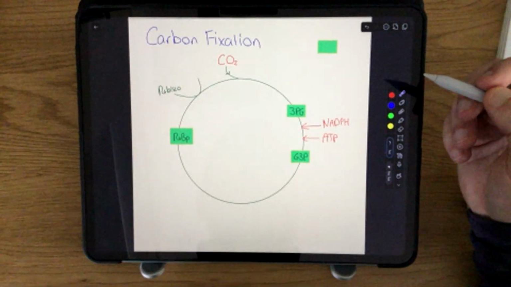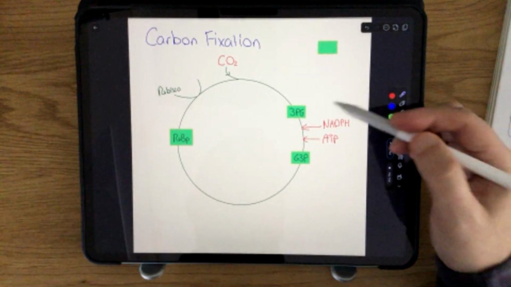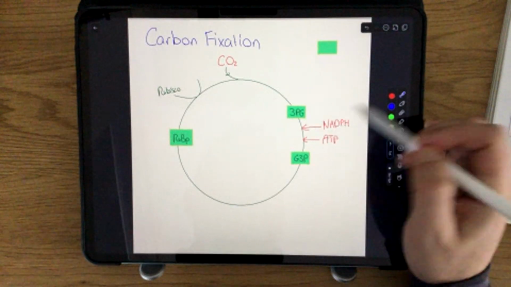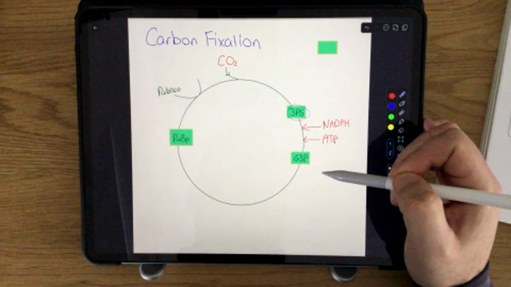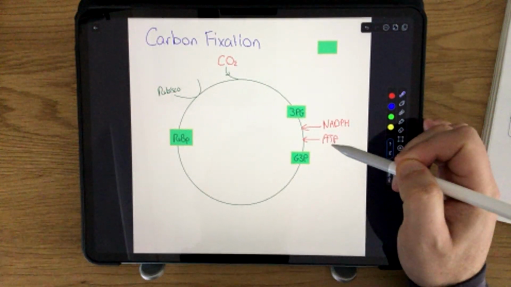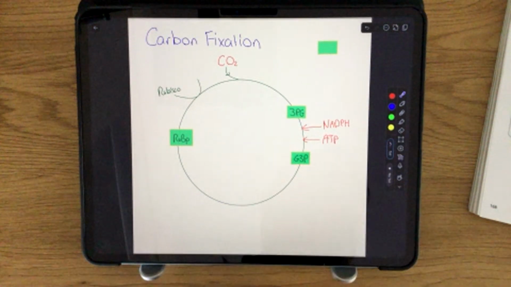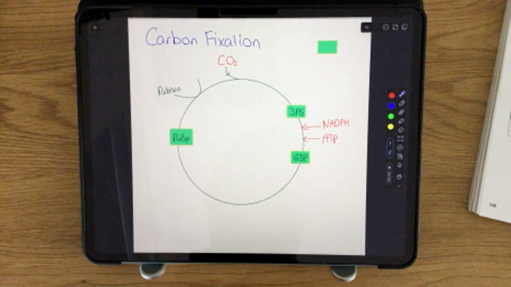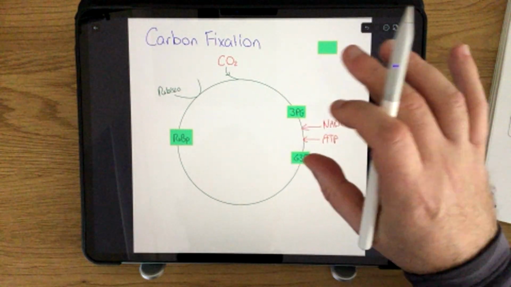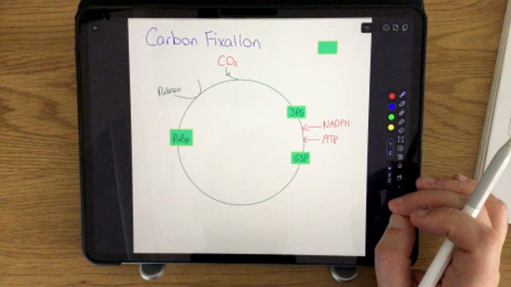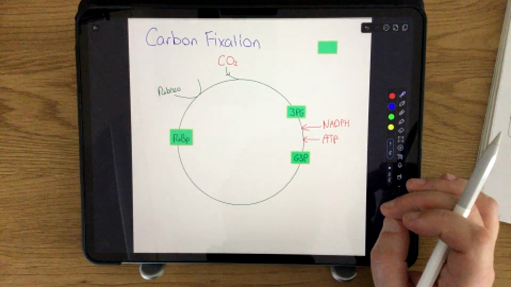So essentially what we're doing here is we're adding hydrogen, and ATP energy, both from photolysis, to 3PG, and we are creating G3P. Right, so the good news is that's the difficult names dealt with at this point in time, okay?